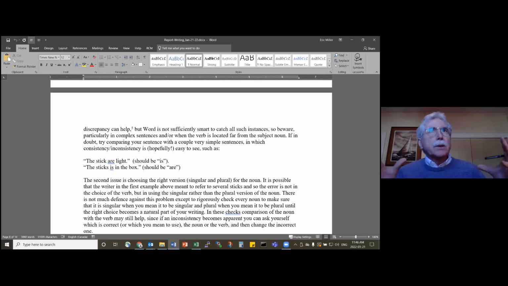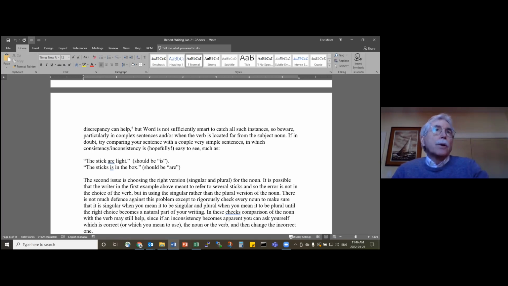So again, this is just something one has to keep beating away at until it becomes easier to get it right off the bat. The second related issue is, should the noun be singular or plural? Have we chosen the right way of expressing the noun? So in this first sentence, maybe you really didn't mean to say the sticks are light.